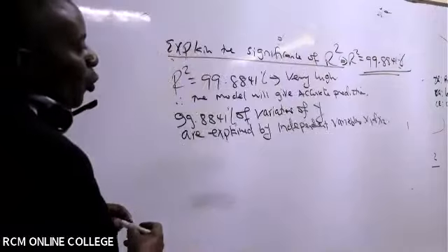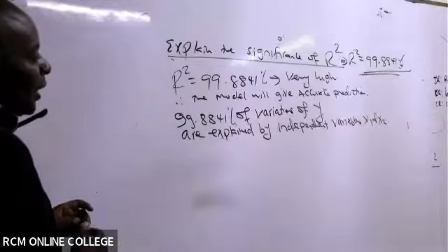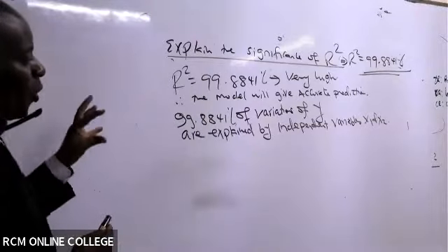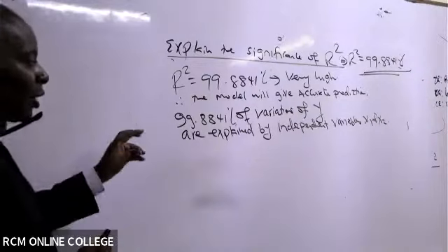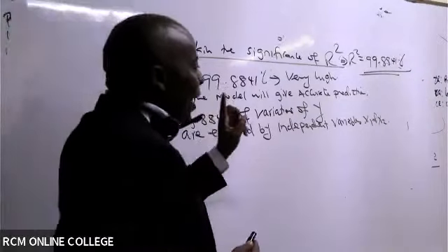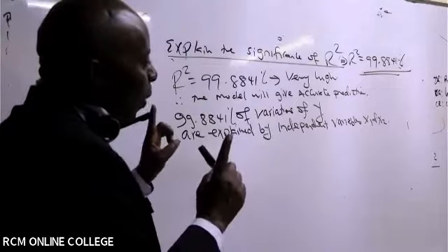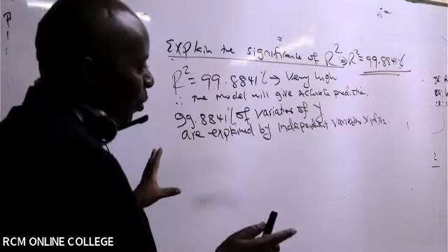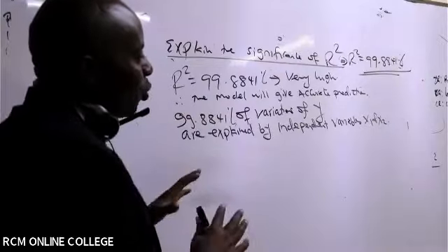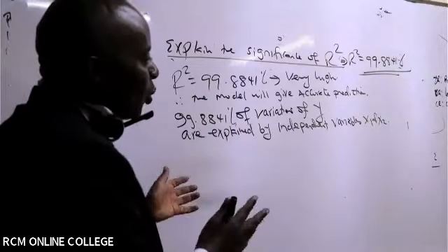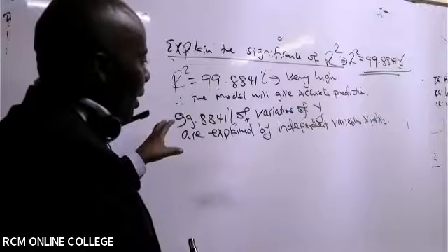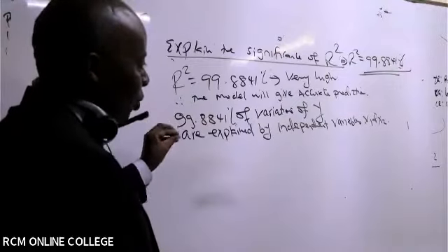So 99.8841% of variations of our dependent variable, which is y, are explained by our two independent variables, meaning that x1 and x2 are virtually covering everything in our estimations.